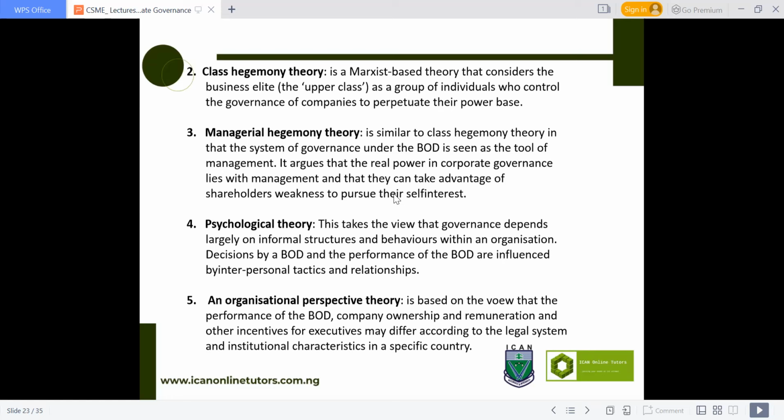We also have the classical harmony theory. This is a Marxist-based theory that considers business as the upper class, a group of people who control the governance of companies to pursue their own power base. That is what this particular theory is saying, that it's like saying the company is made for the upper class.